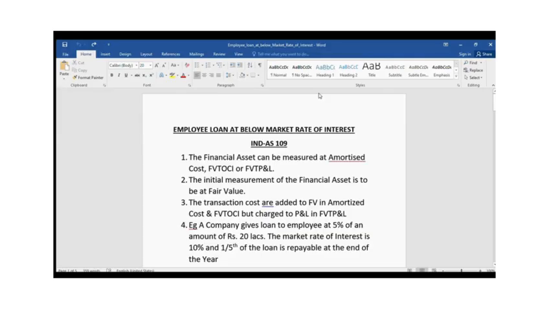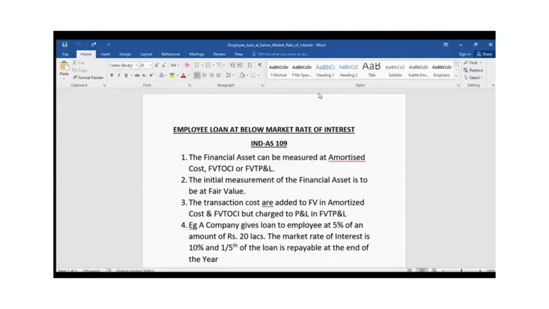Financial assets can be measured at amortized cost, FVOCI or FVPL. Now the initial measurement in all the three cases would be at fair value. That is, for amortized cost, the initial measurement would be at fair value; for FVOCI, that is fair value through OCI, it would be fair value; and for FVPL it would be fair value.